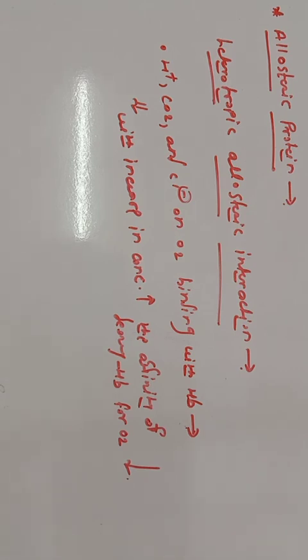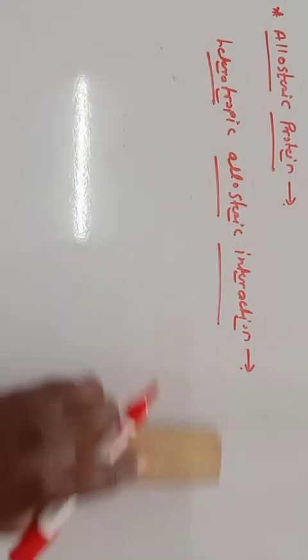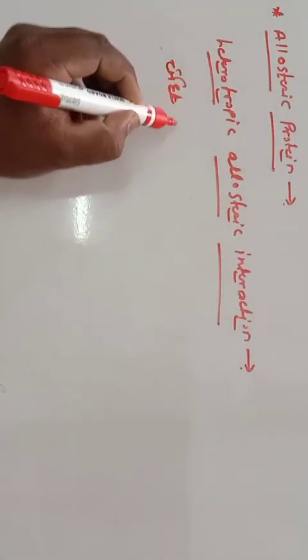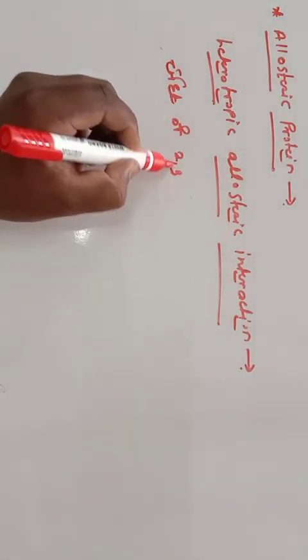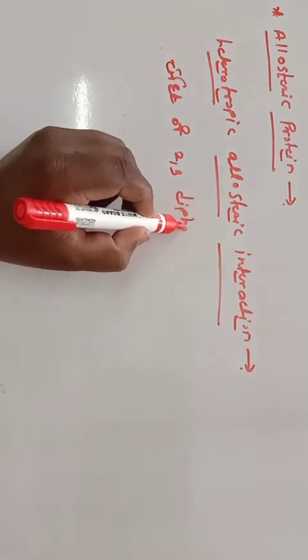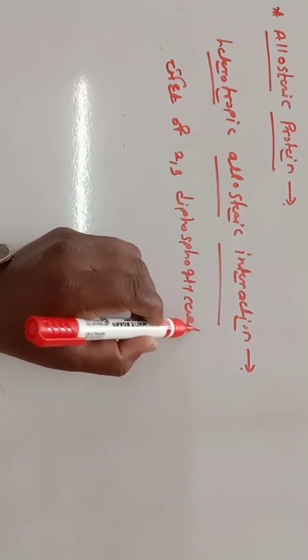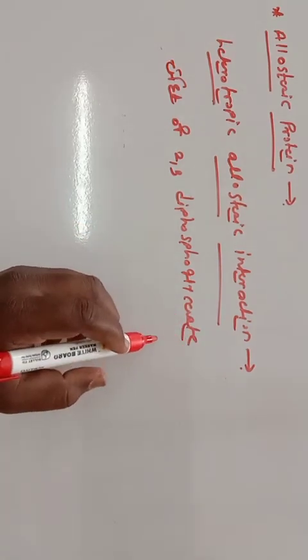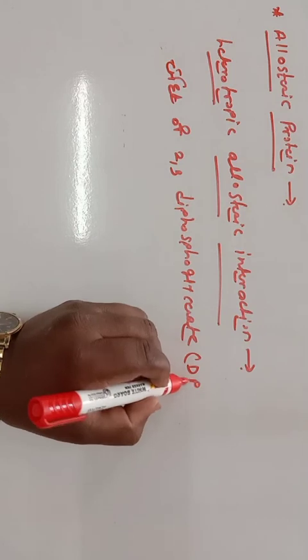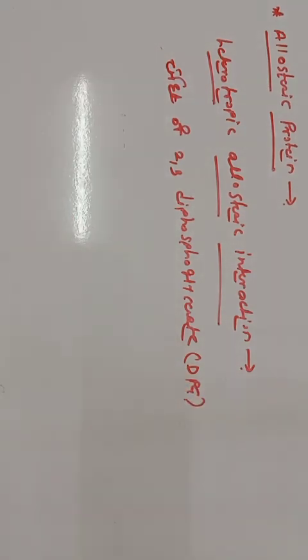Again, one more example of this heterotropic allosteric interaction is the effect of 2,3-diphosphoglycerate, denoted as DPG, on oxygen binding with hemoglobin.